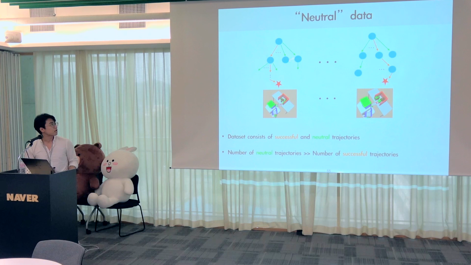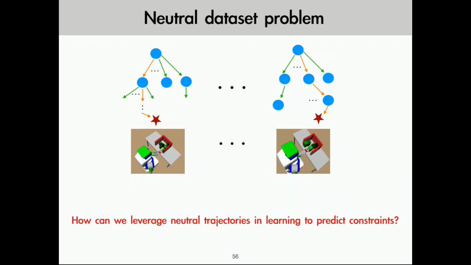Or this might actually lead to a goal state if we sampled more actions and searched long enough. The problem is that the number of neutral trajectories vastly outnumbers the successful trajectories, right? So a natural question we can ask is how can we leverage such neutral trajectories in order to come up with a more sample-efficient learning algorithm?